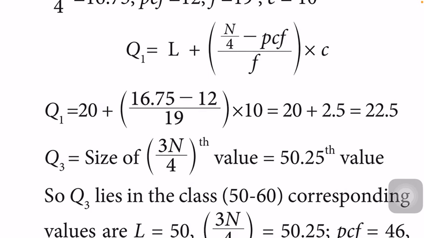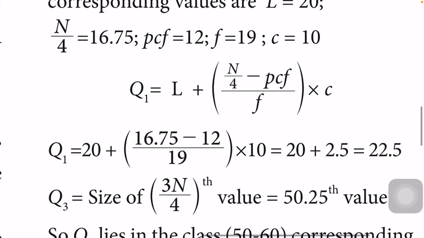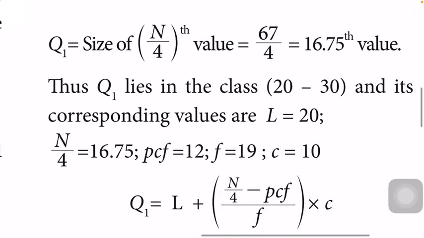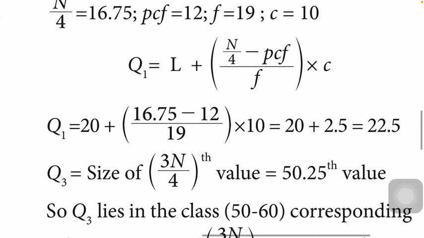Now it is time to calculate the upper quartile, that is Q3. The size of the 3n divided by 4th value: 3 into 67 divided by 4 is 50.25.